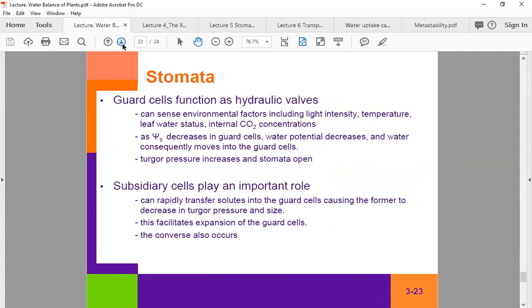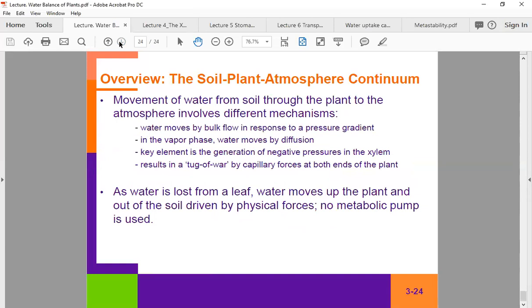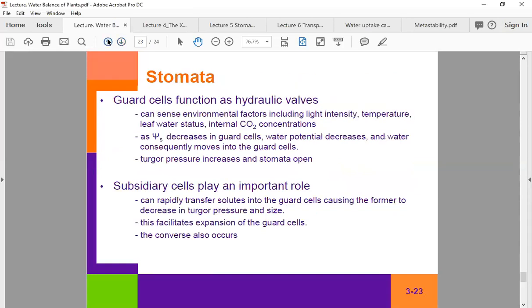Okay, so nothing additional there. Okay, because they're trying to dry themselves out. Oh, the grasses are.